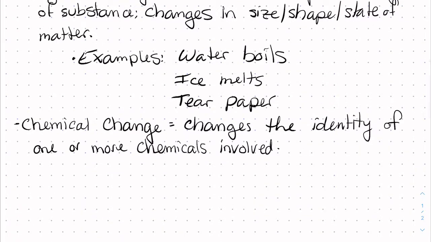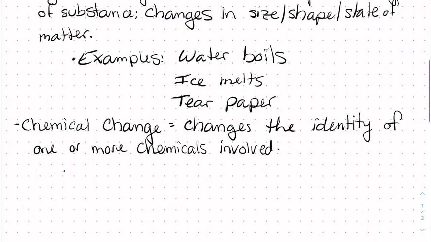So I'm not going to really give specific examples here because most of them won't be super familiar to you, but what I am going to give you is some clues that a chemical change has occurred.